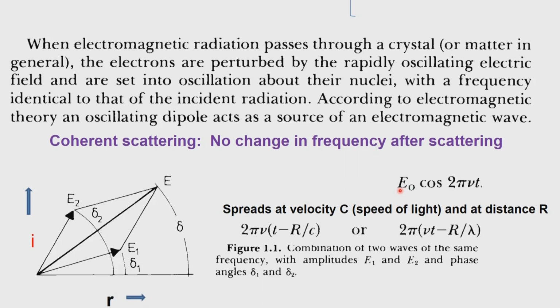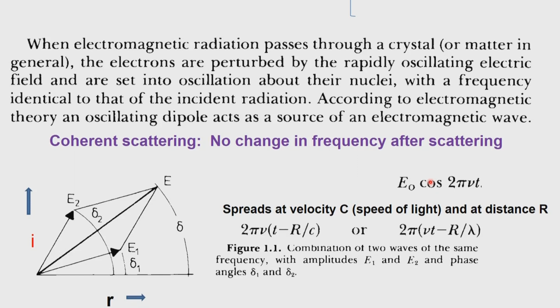In general, instead of using only the real part, we also bring in the imaginary part of the axis. It is mainly because electromagnetic radiation and the theory of electromagnetism essentially involves complex waves. Waves expressed as cosine plus I sine. So, E naught is therefore E naught e to the power of I 2 pi nu t.